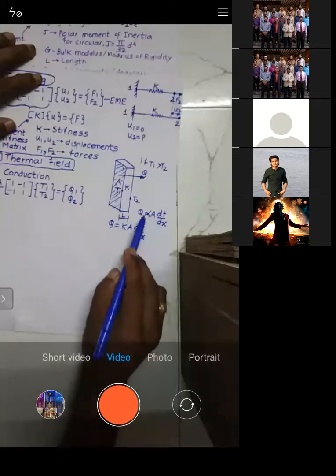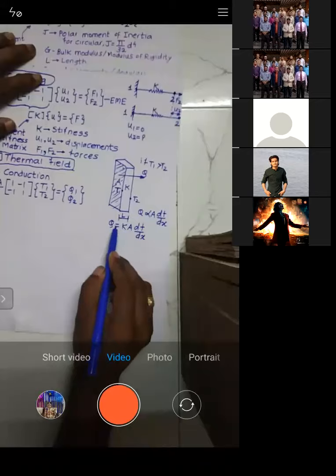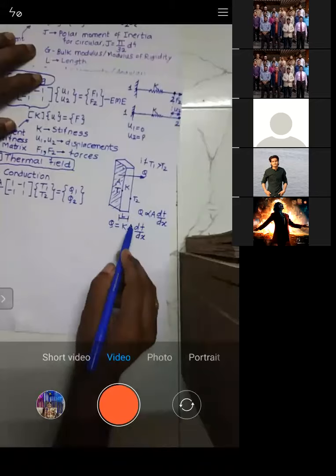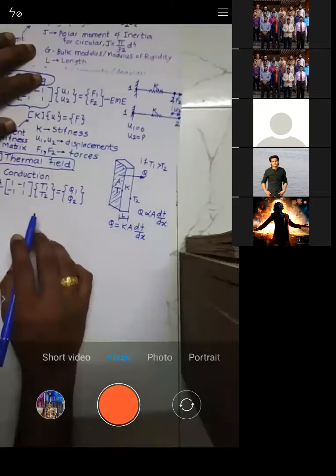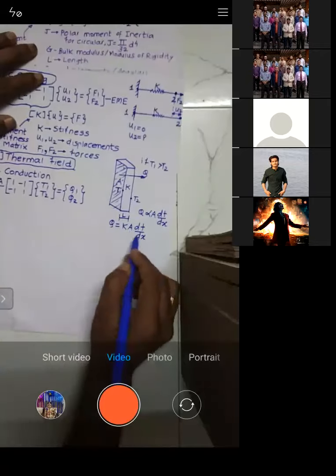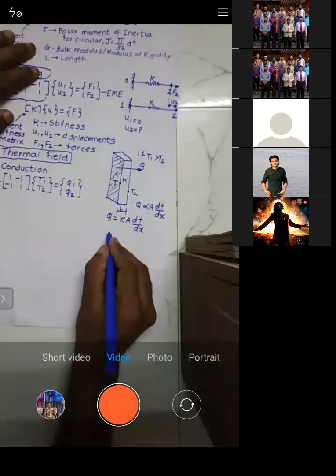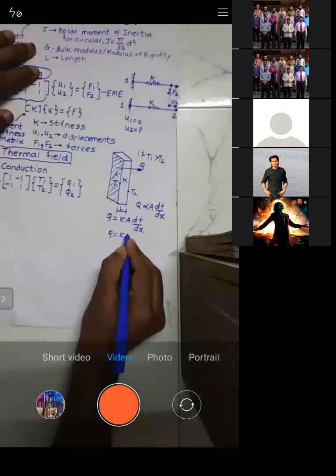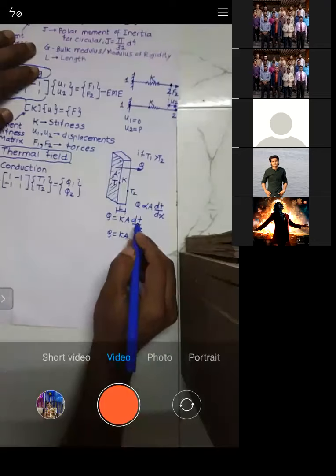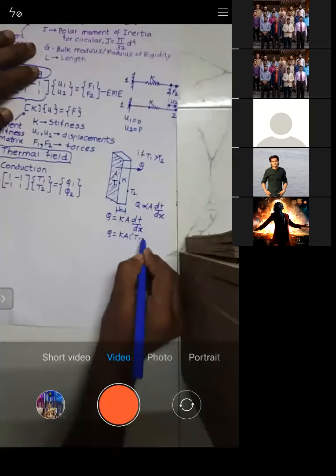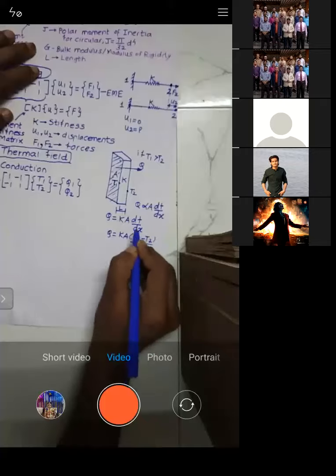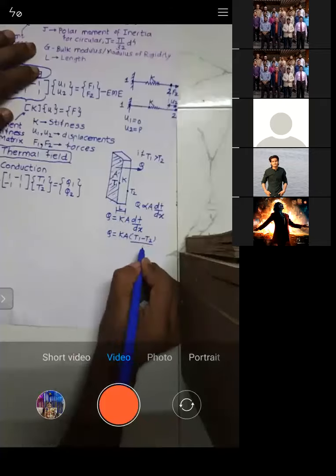If I need to remove this proportionality sign, I need to introduce one constant, basically the thermal conductivity. So Q is equal to K A dT by dx. Simplifying for this particular diagram, Q is equal to K A times dT, the difference between temperatures T1 and T2, upon dx, the thickness, which is L.